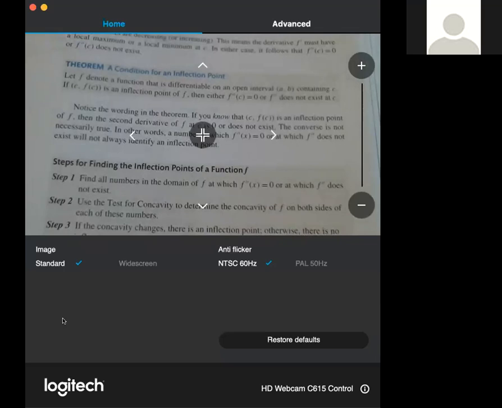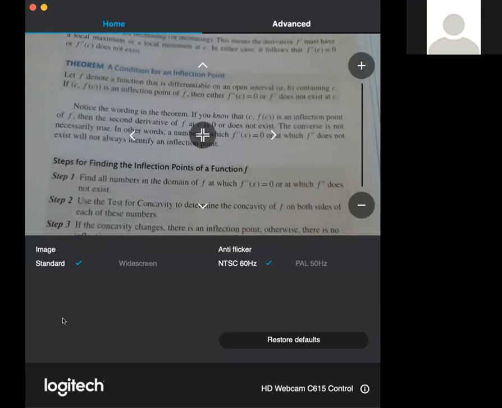If f denotes a function that is differentiable on an open interval (a, b) containing c, and (c, f(c)) is an inflection point, then either the second derivative equals 0 or the second derivative does not exist at c. So in our situation, we've got the place where the second derivative does equal 0, and it changes from negative to positive, therefore it is an inflection point.